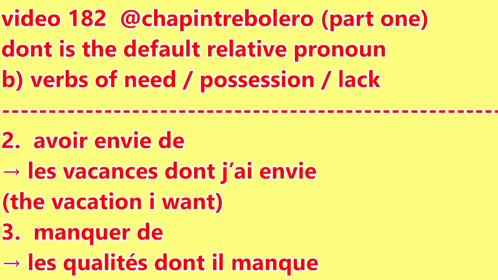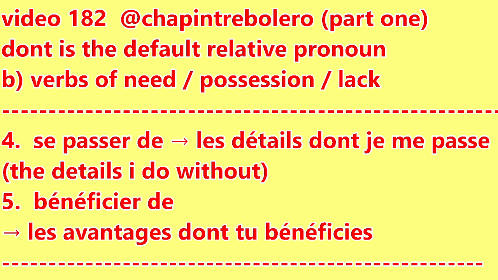Okay. Now we're gonna do numéro 4 et numéro 5. Numéro 4, se passer de. Les détails dont je me passe. The details I do without. Yeah, se passer de means you're lacking something.